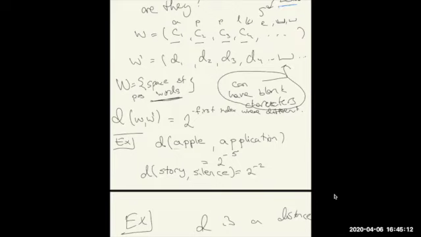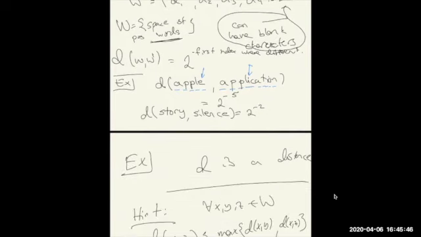So take the word apple, and after that you have blanks, but I don't write them. And the word application. And the blanks are important because these words have different lengths, but you compare the characters depending on where the first difference is. So the first 4 letters of these are the same, but I is different from E, and that is the 5th character, so 2 to the minus 5.